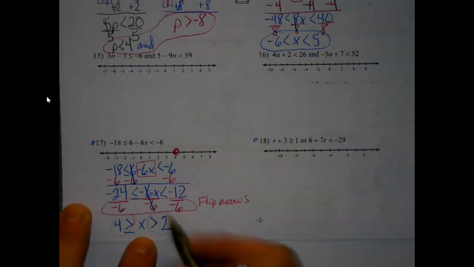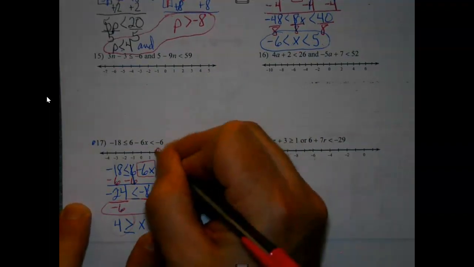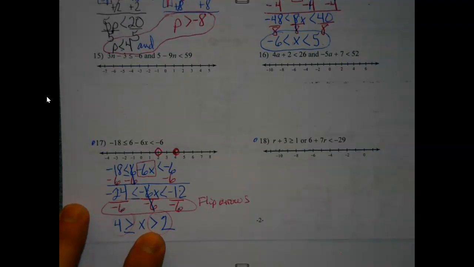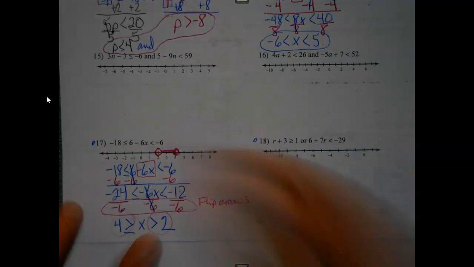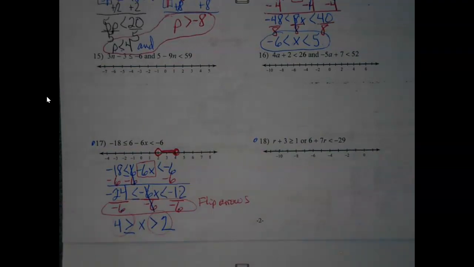At 2, we're going to have an open circle because there's no line underneath. But the rule is still the same. I'm still just coloring in the middle because it's a compound inequality. If I know the basics, I'm going to be okay. Yeah, we got to be cautious.